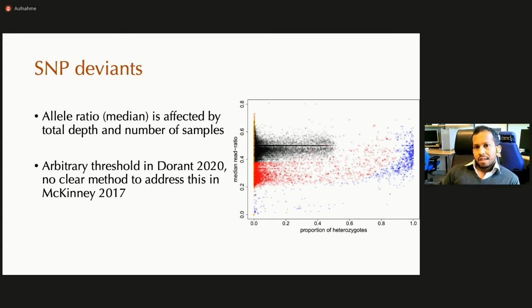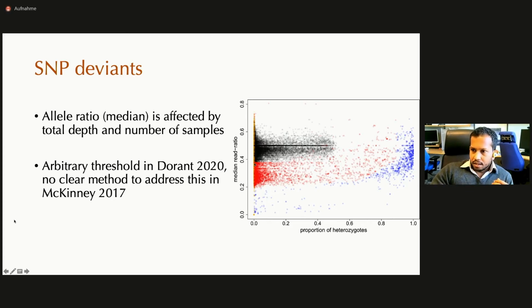We know that the allele ratio calculated from depth values is affected by the total depth at that SNP, or the number of samples, or the number of heterozygotes for which we get depth values. This is not very well addressed in these two studies, especially in this one.